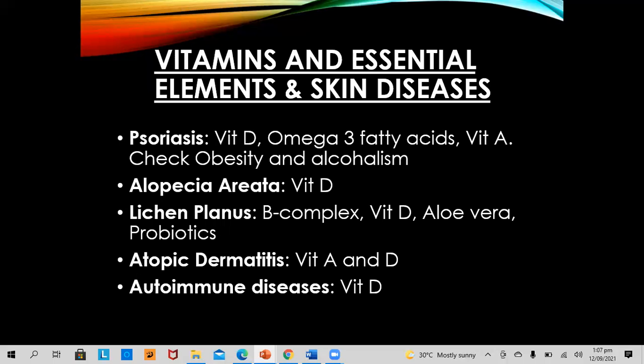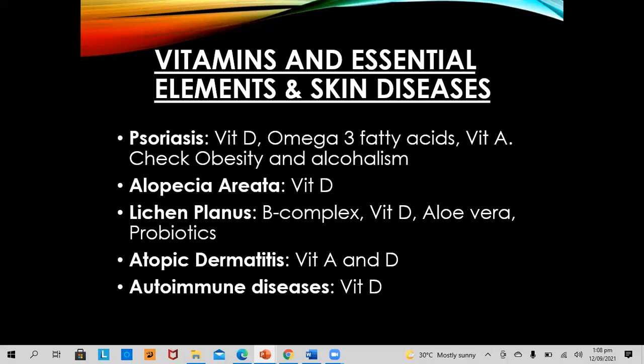Then in this slide, I mentioned a few common skin diseases and the vitamins whose deficiency or whose replenishment helps in improving the clinical appearance. Psoriasis: vitamin D, omega-3 fatty acid, and vitamin A. Also check obesity and stop alcoholism. Alopecia areata, vitamin D should be given.